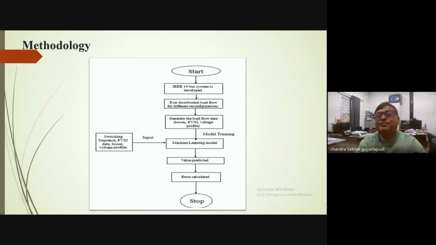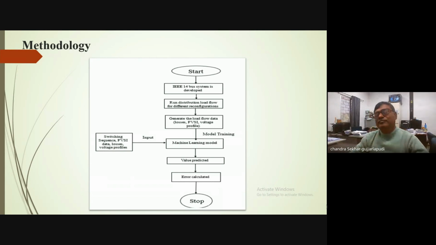So what we did, we have done numerous load flow analyses, where the load flow network consists of an SVC along with some feeder lines which have sectionalizing switches. We considered different configurations, and we made a data set for the different configurations, with their losses as well as the stability value.